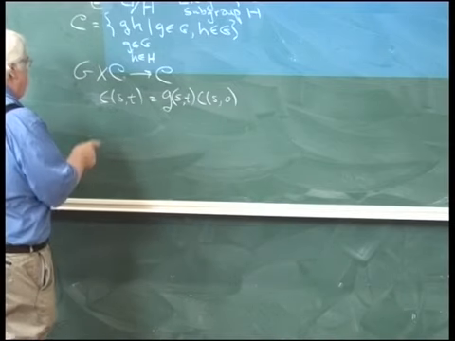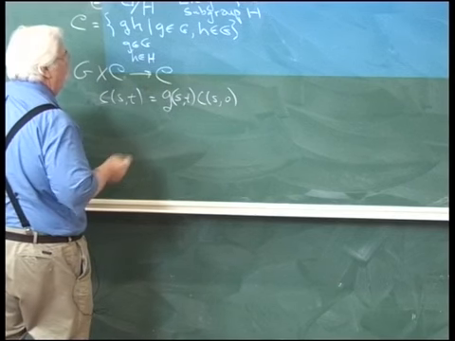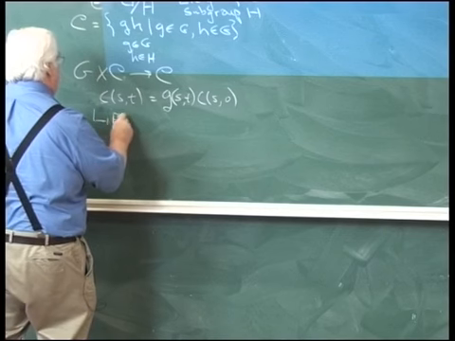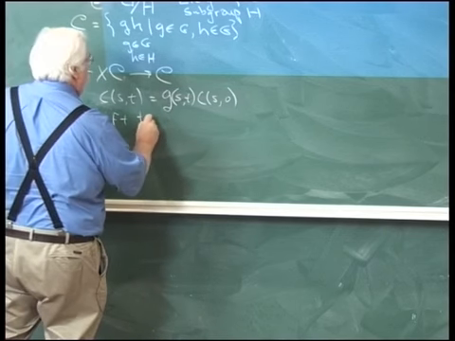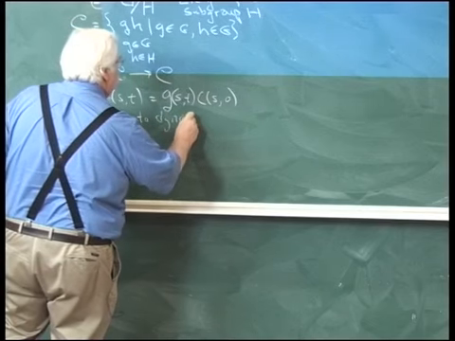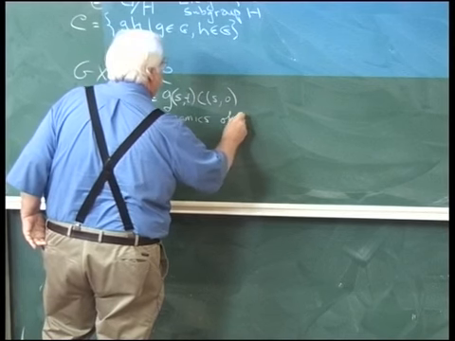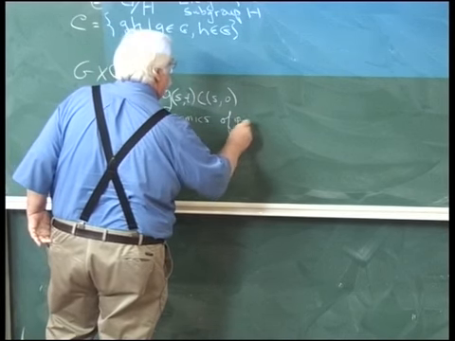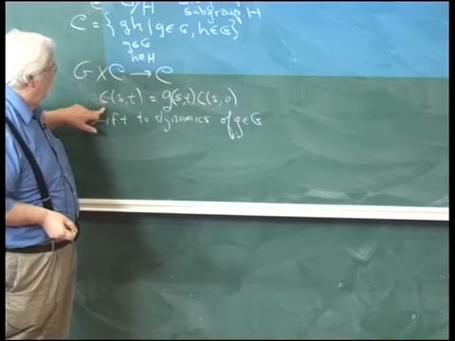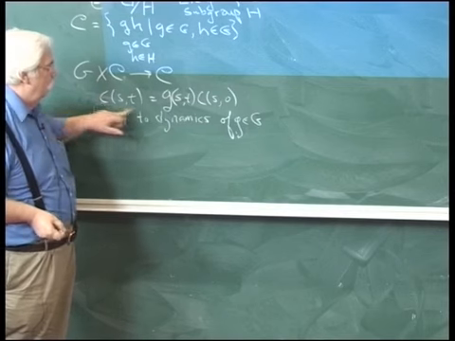So this is going to give us an opportunity to lift to dynamics of G. Okay, because we can take time and space derivatives of this element of the coset space.